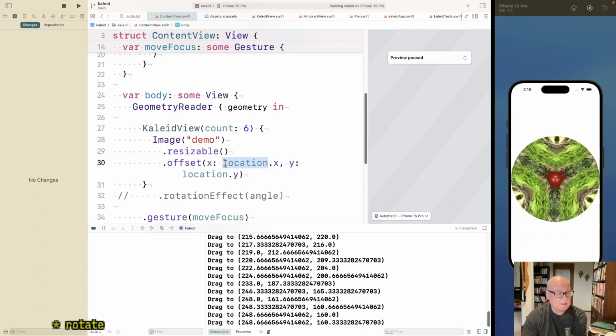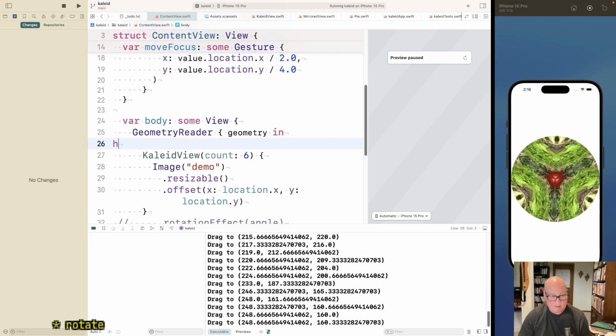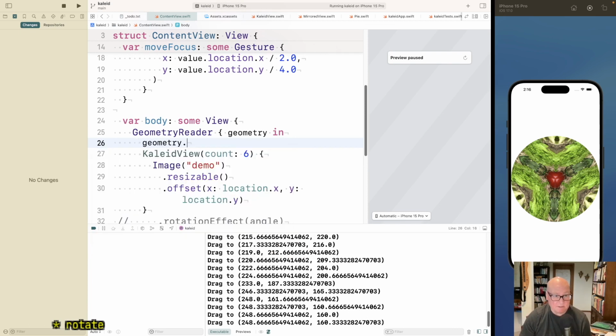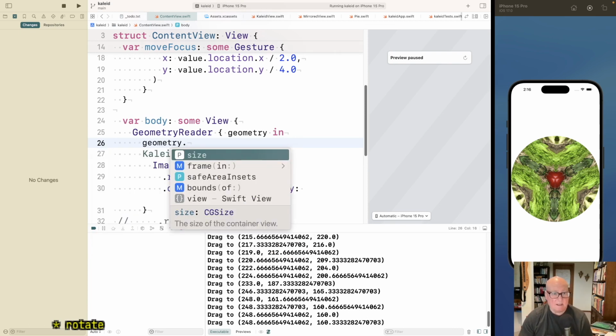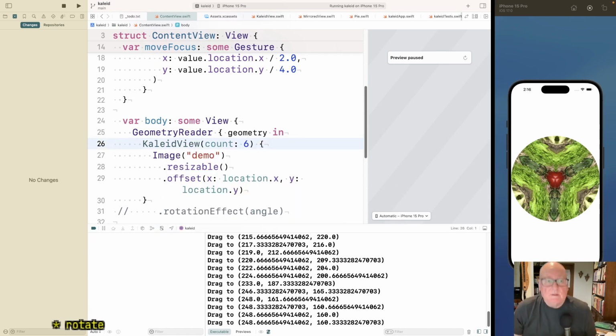So I want to take geometry dot size. Okay, yeah, that's the thing I want.